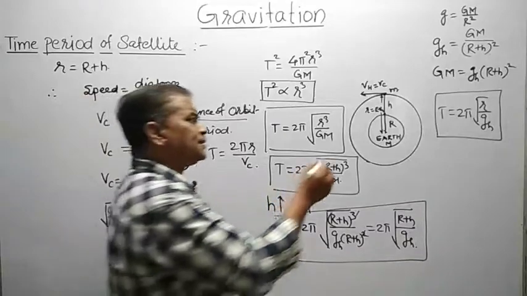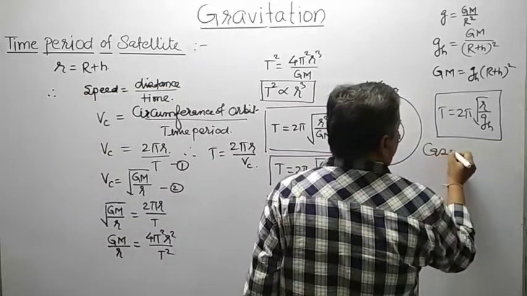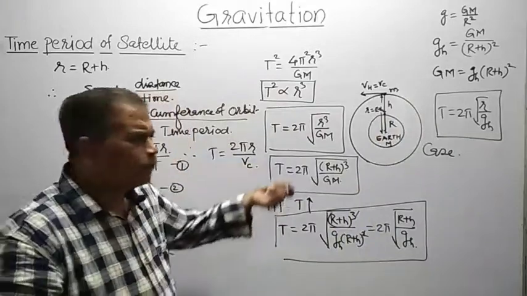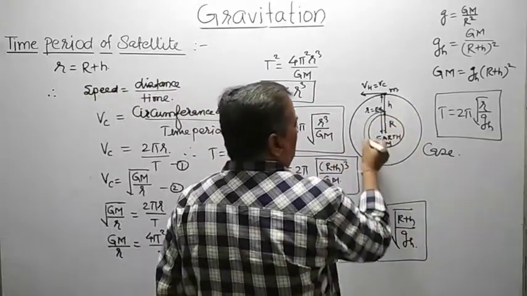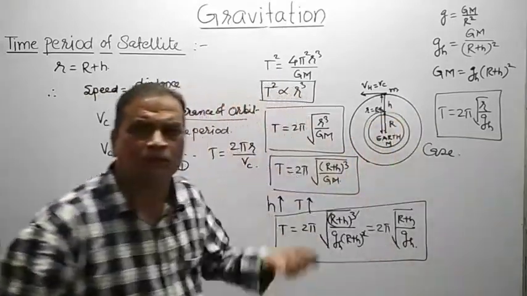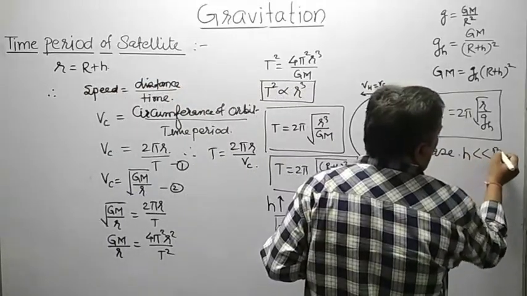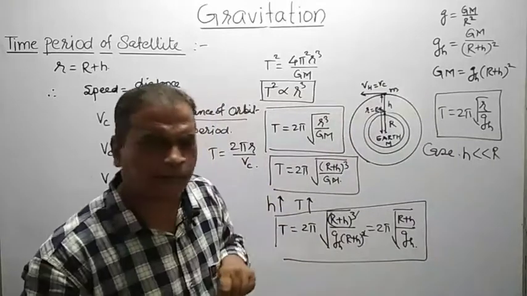Now there is a special case. If satellite is revolving very close to the surface of earth, it means h is very small as compared to radius of earth.